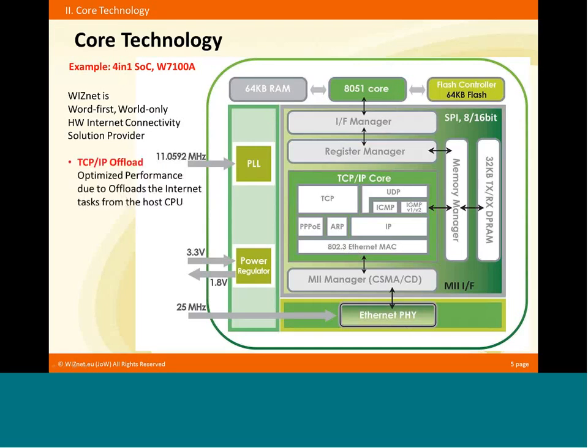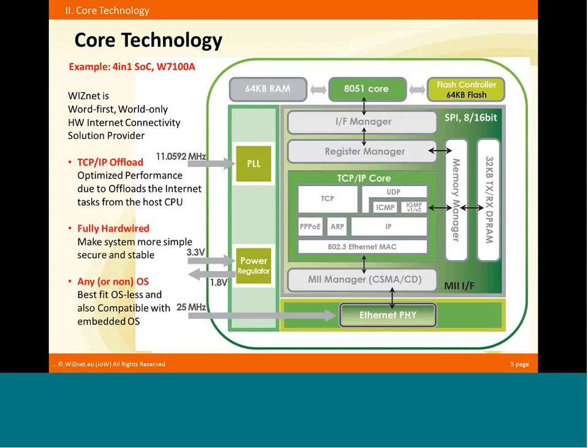This is pure silicon, so it's TCP/IP offload. TCP/IP is no longer in the MCU, but in hardware. And this makes all internet applications most simple, most secure, most stable.